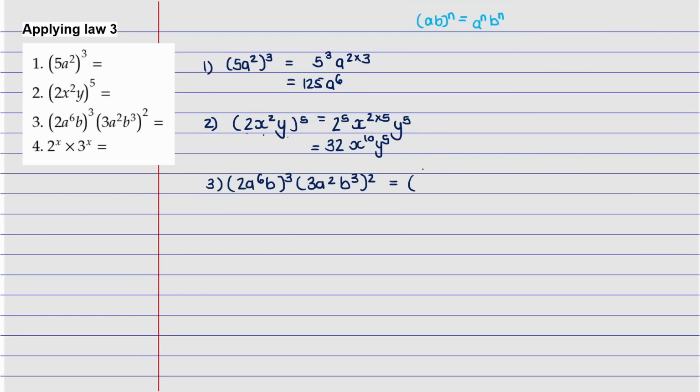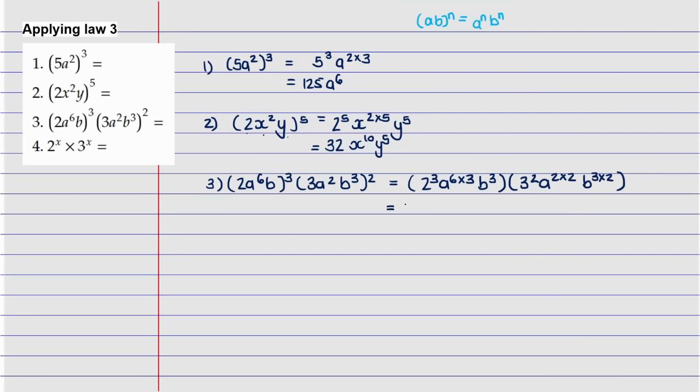So this is going to be the same as 2 to the power 3, then a to the power 6 multiplied by 3, then b to the power 3. The other bracket is going to be the same as 3 to the power 2, then a to the power 2 multiplied by 2, then b to the power 3 multiplied by 2.